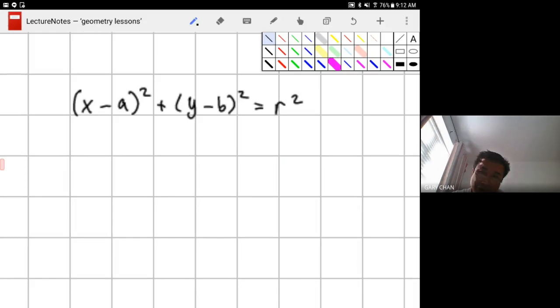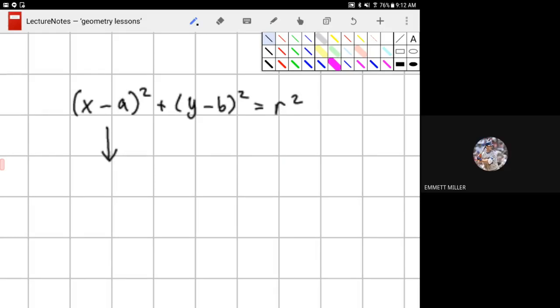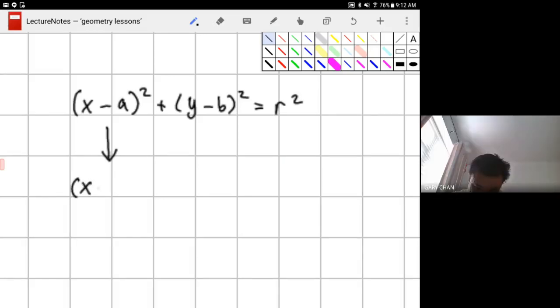If I were to FOIL out x minus a squared, what will I get? We were working on this yesterday, if you recall. Does anyone remember? If you don't remember, that's what it means to square something.